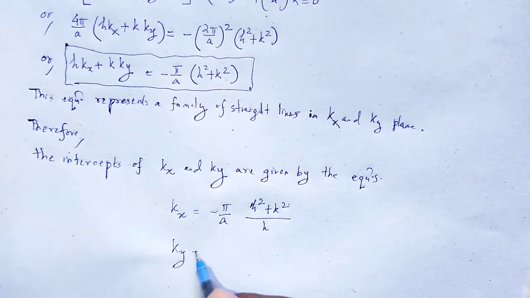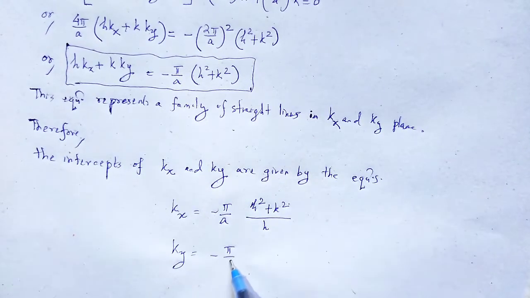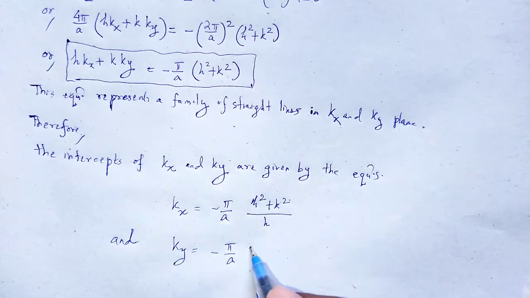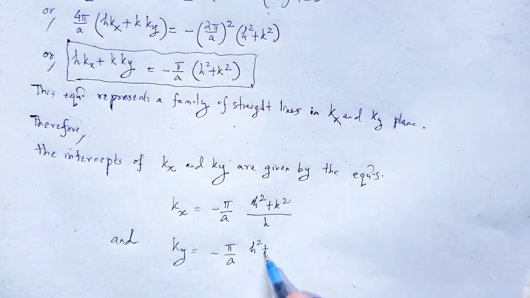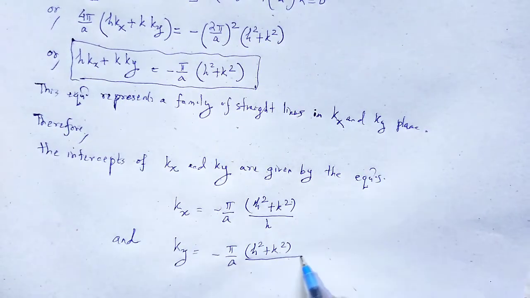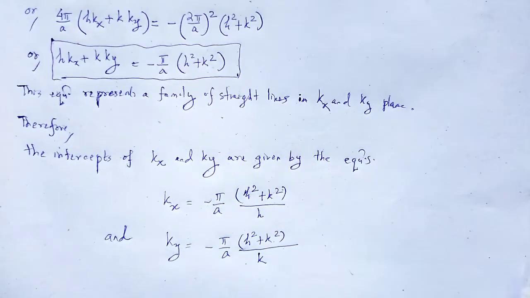Next, ky is minus pi by a, h square plus k square divided by k.